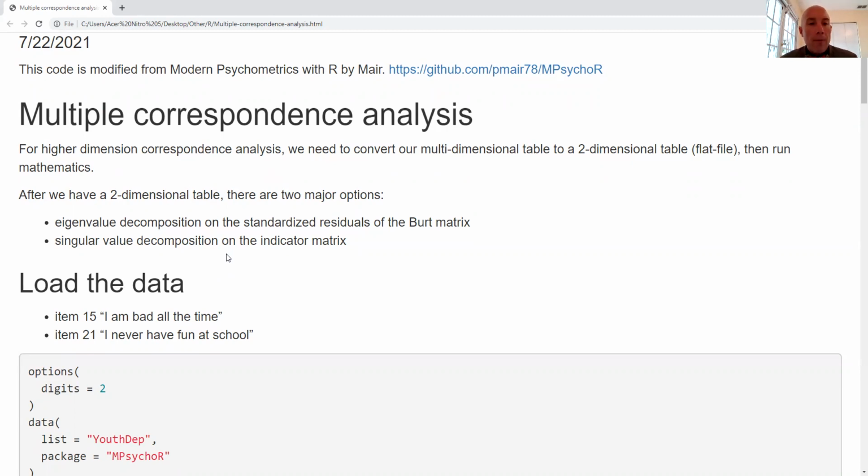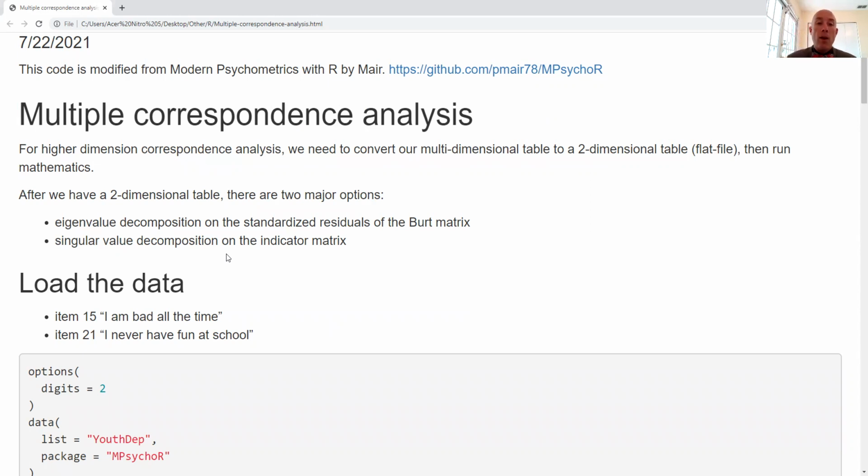So what I have to do first is figure out a way to convert the multi-dimensional table into a two-dimensional representation of the data. Think about flat files in this way, and then we want to run the mathematics and understand what's going on. After we get into a two-dimensional flat table, there are two major options.